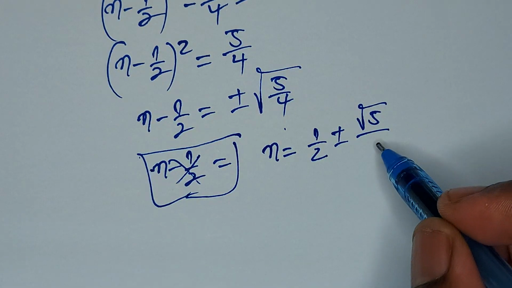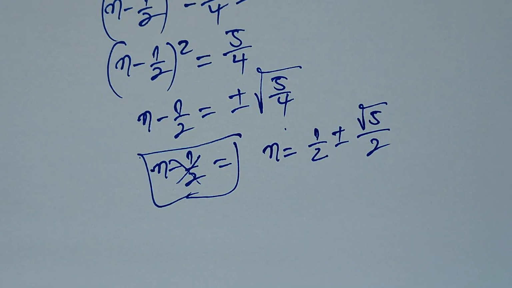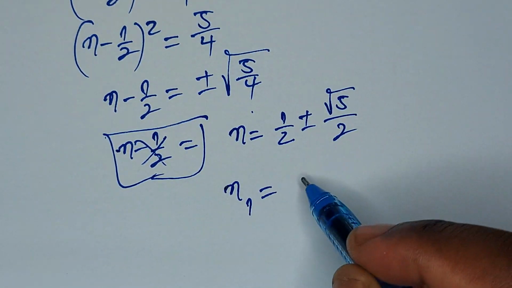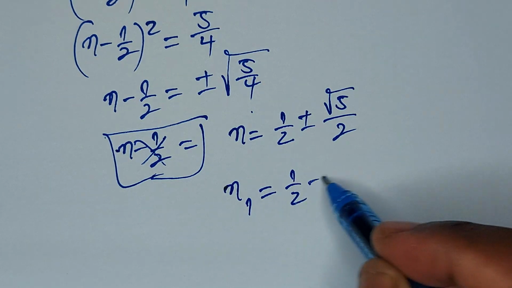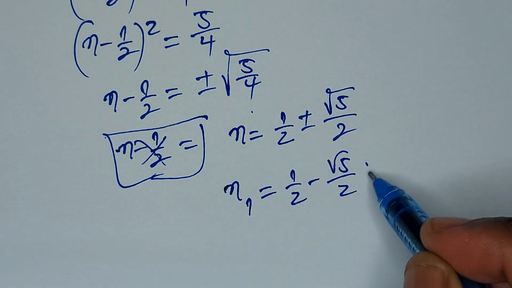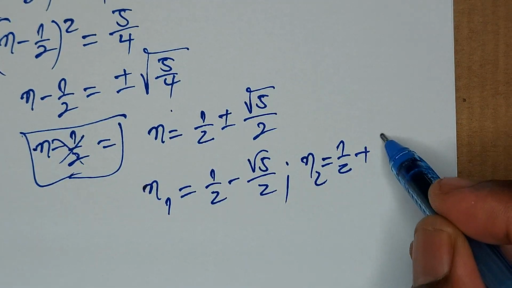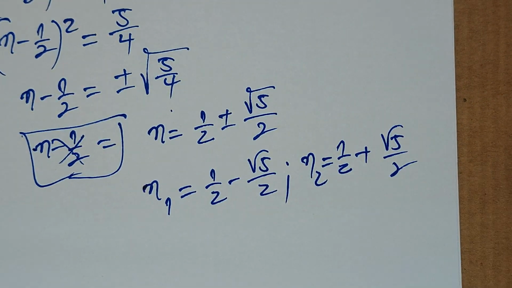The square root of 4 is 2, so we have 2. So we're going to have n1 equal to a half minus the square root of 5 over 2, and n2 equal to a half plus the square root of 5 divided by 2.